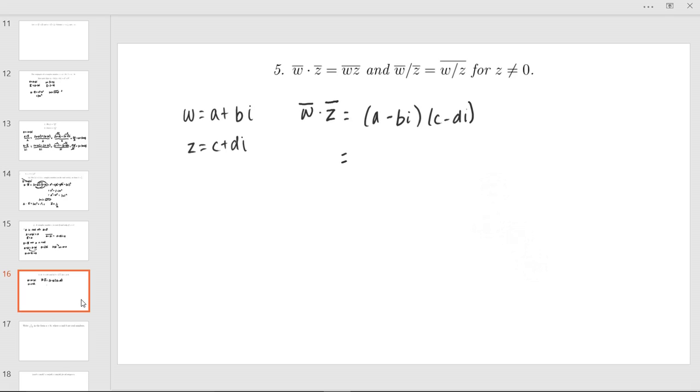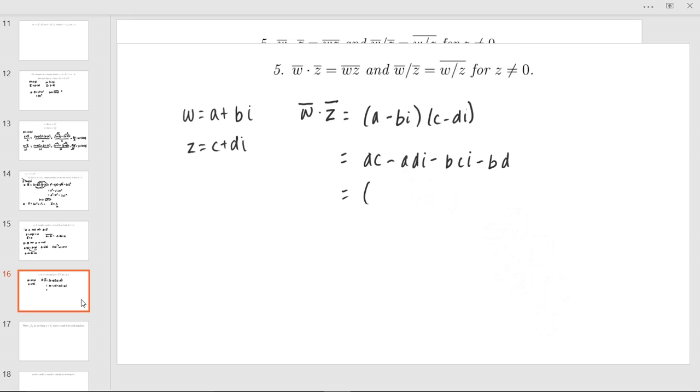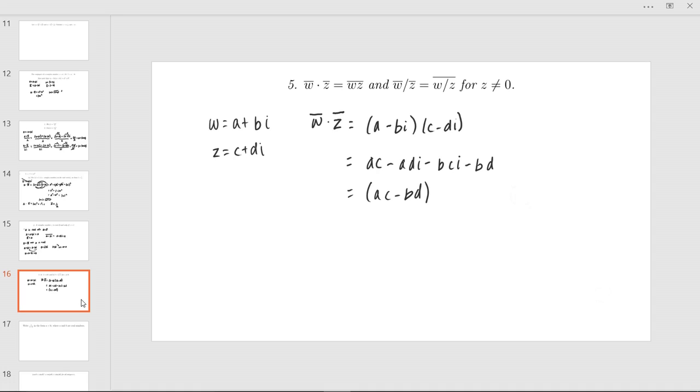Foiling, we have this is equal to ac minus adi minus bci. Then we have a plus from these two negative signs, but then we have a minus from i squared, minus bd. So this is equal to ac minus bd minus (ad plus bc)i.